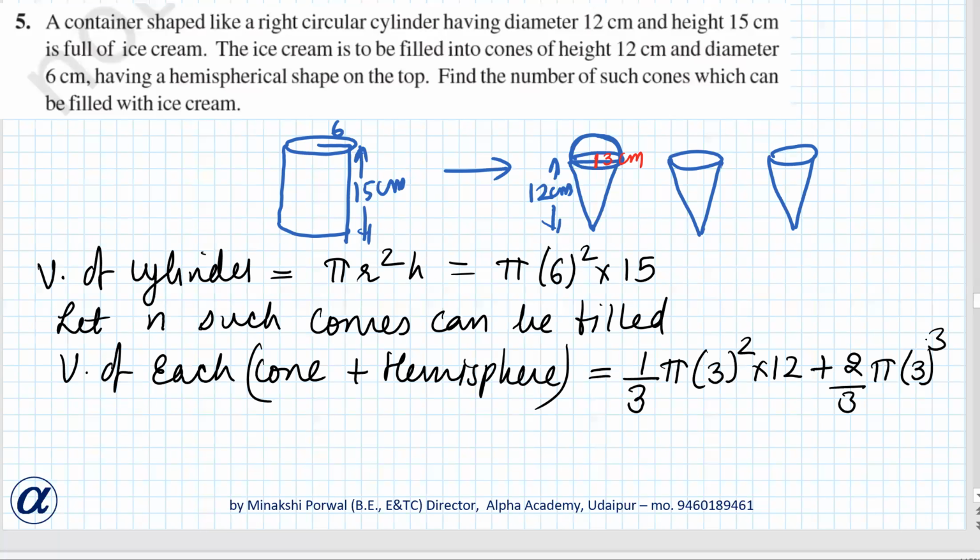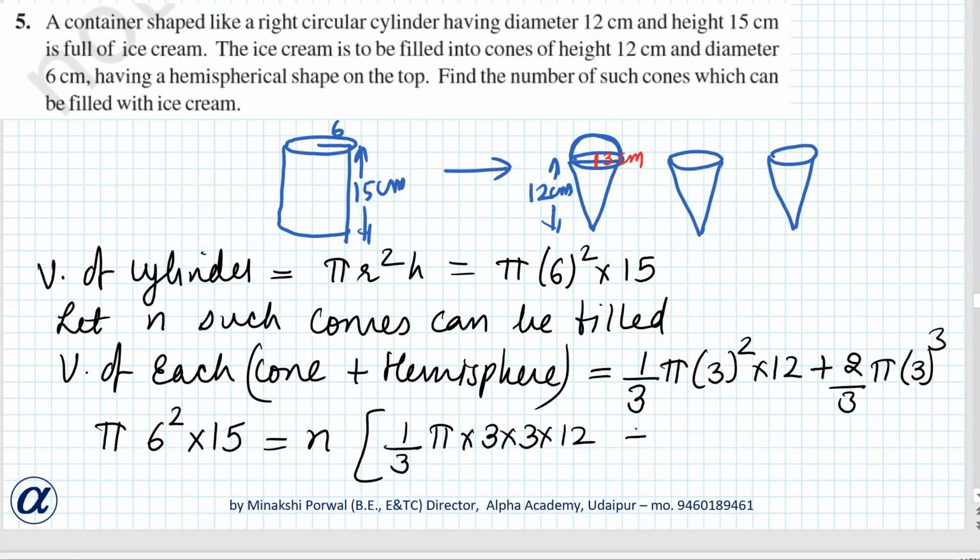Now अगर n cones ऐसे फिल हो सकते हैं तो we'll just equate pi r square h into n into this thing, that is 1/3 pi into 3 into 3 into 12 plus 2/3 pi into 3 into 3 into 3. So this we have to solve.